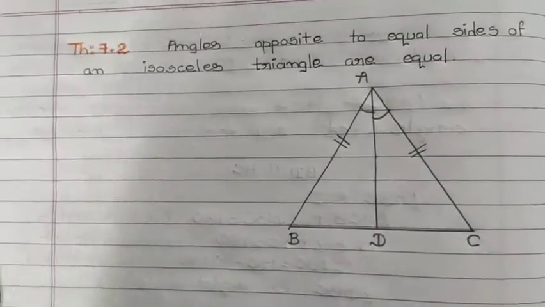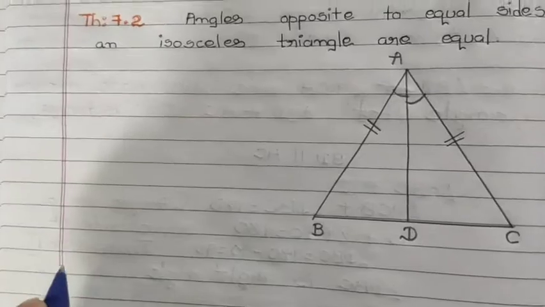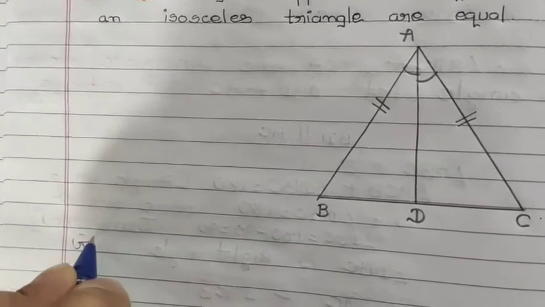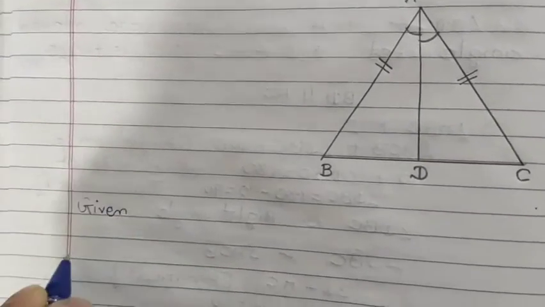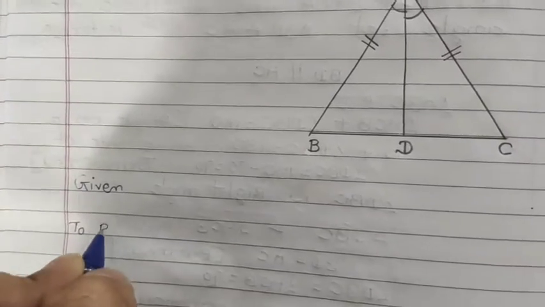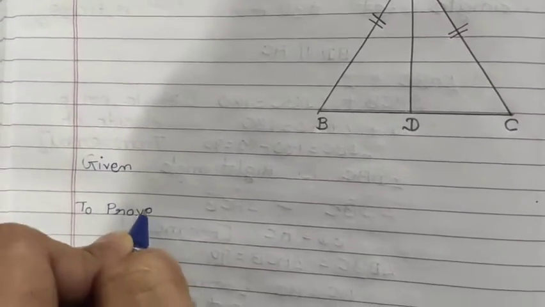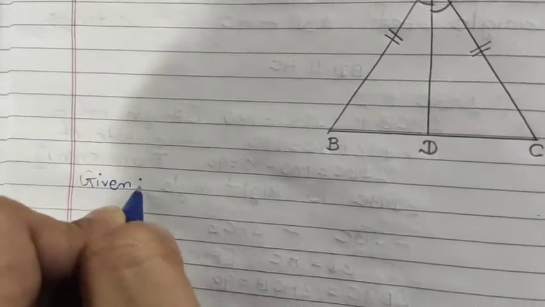So we know that if it is a theorem, then there is given, to prove, and proof.